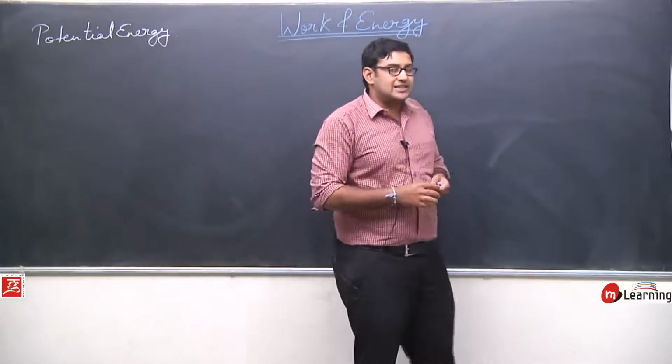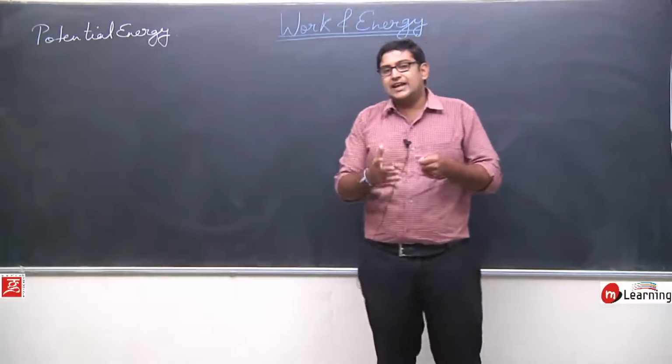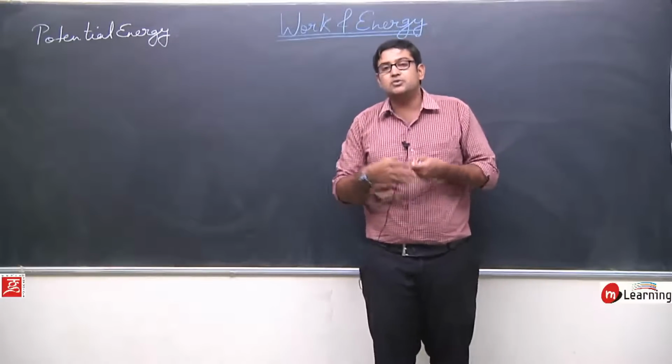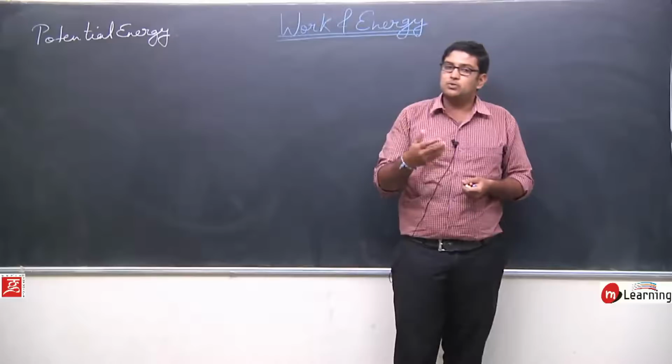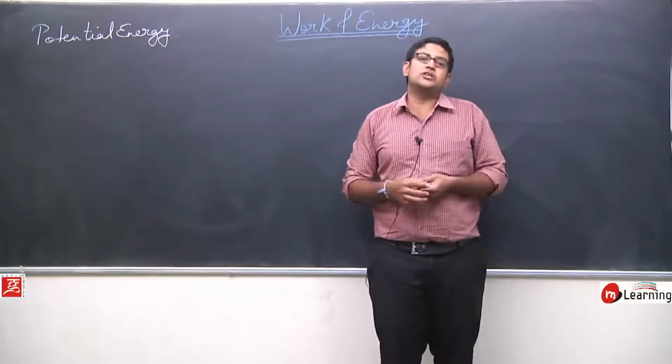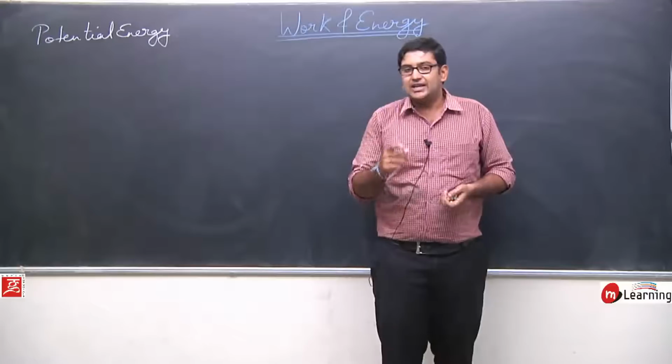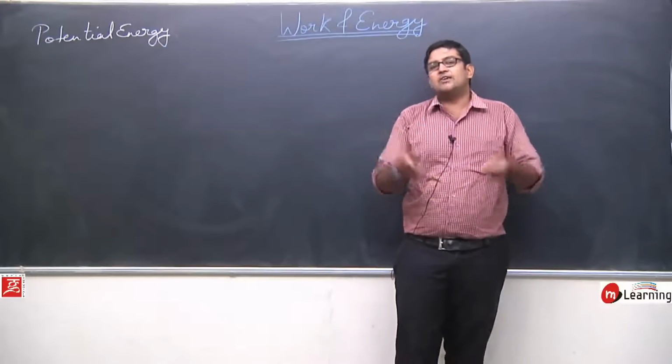So potential energy is something which is stored in the body due to the change in its position. If the position of a body is changed, it can possess potential energy.